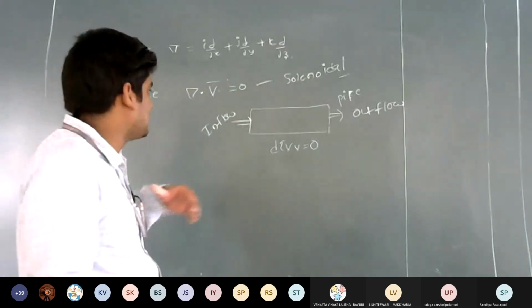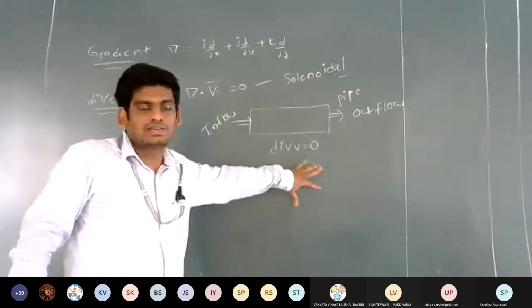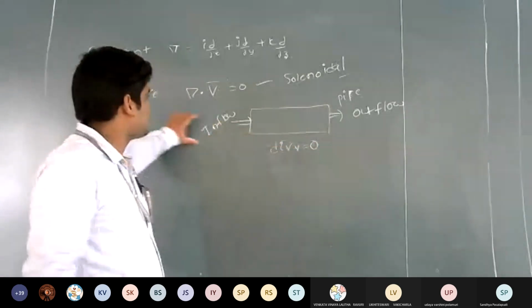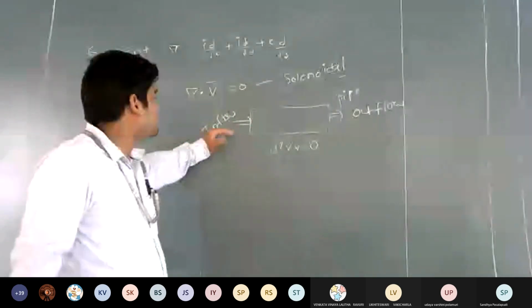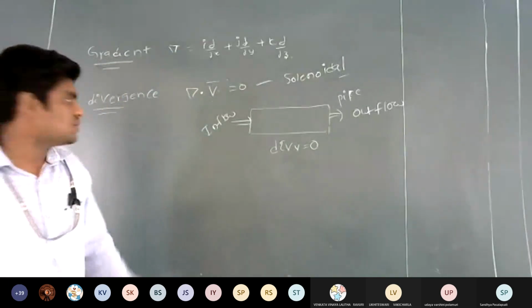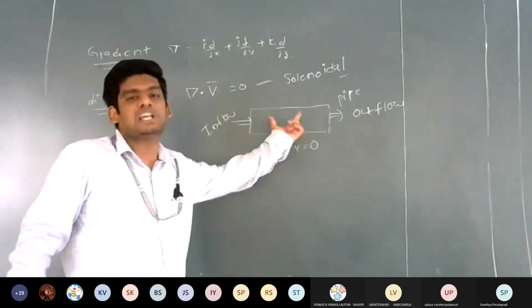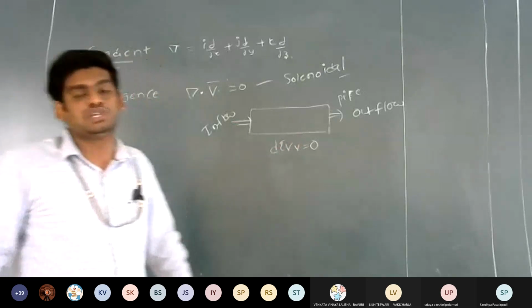In this pipe the inflow is equal to the outflow, so there is no change in the flow, and the divergence is equal to zero.